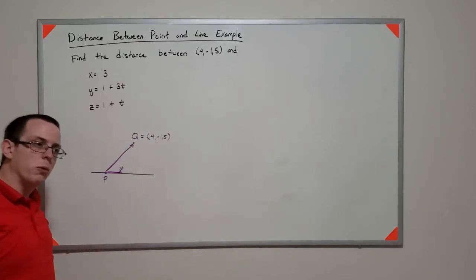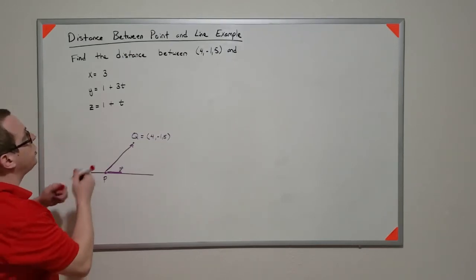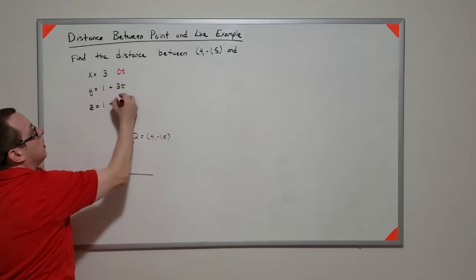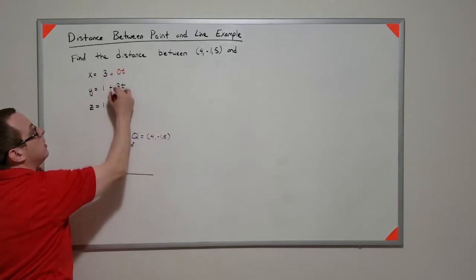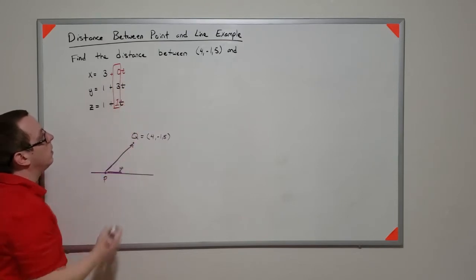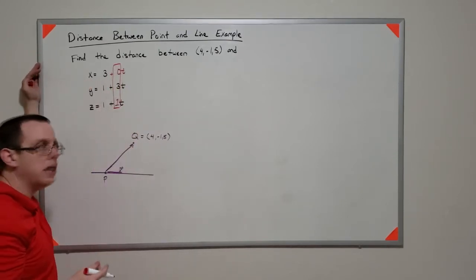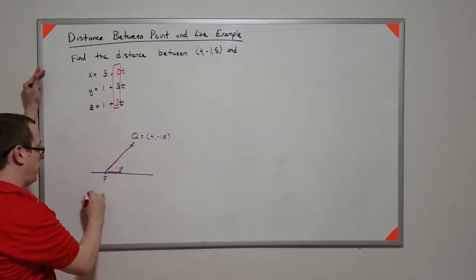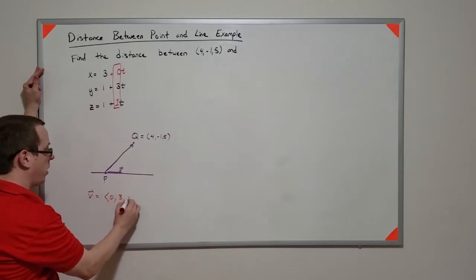Well, if you remember, the direction vector is the coefficients on this T. So it's the coefficients here. And since x didn't have anything, I went ahead and added that 0, and I was explicit about that 1. So that tells me that V is 0, 3, 1.